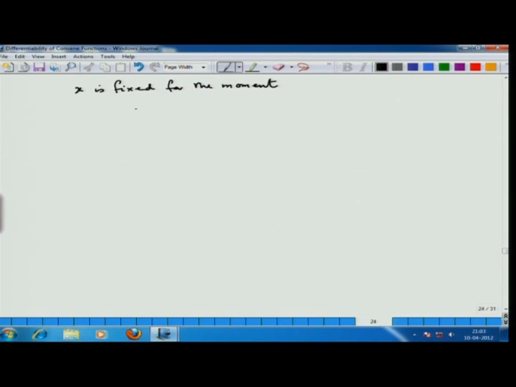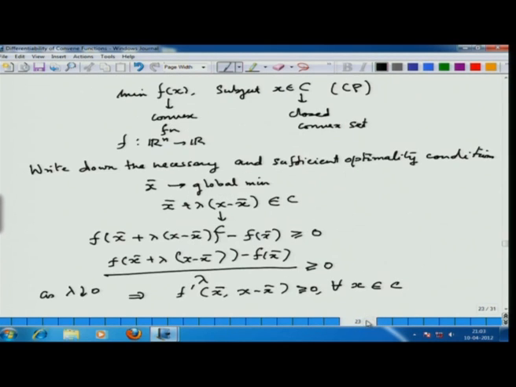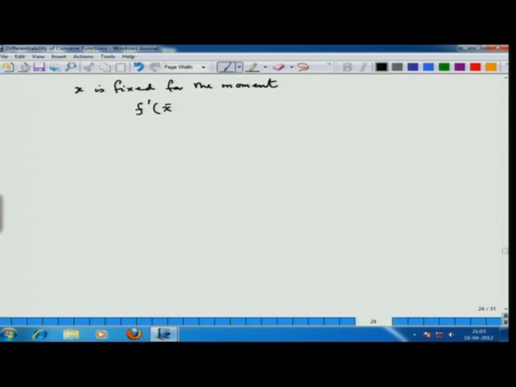So, I can write that f dash, now I will use that important formula which I wrote, so this I can now write as f dash x bar of (x minus x bar) is equal to max of the subgradient terms. Now, this is for every x, greater than or equal to 0.